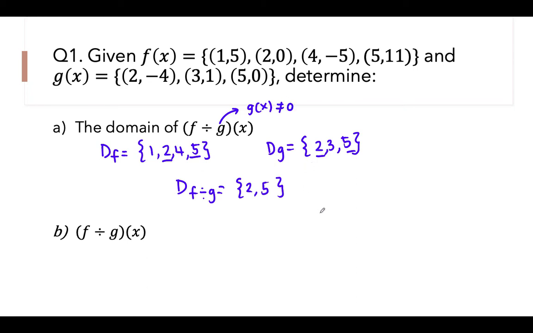So if you look, g at 5, over here, is equal to 0. So therefore, it cannot be in the domain. So the final answer for f divided by g is only 2.